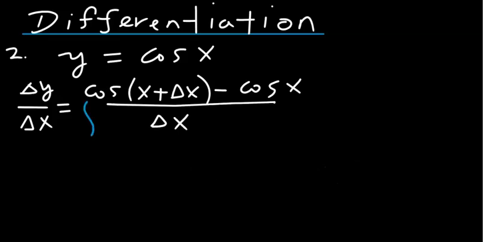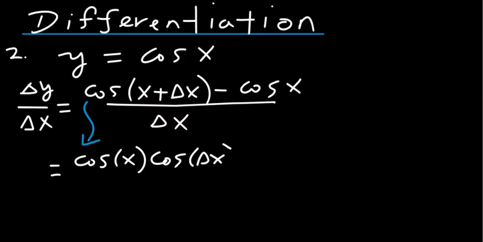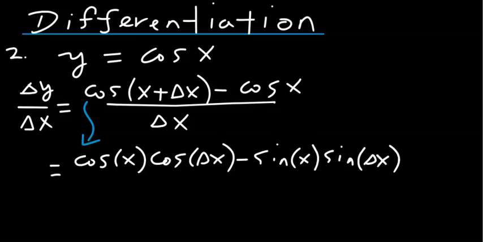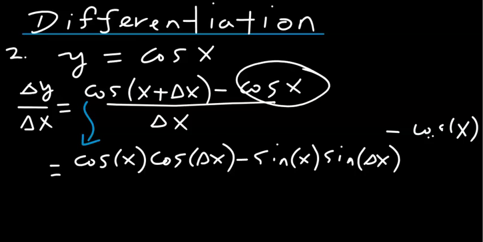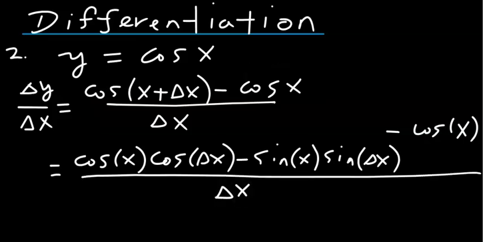Note that this term here can be expanded using a trigonometric identity. It is quite simply cosine of x cosine of delta x minus sine of x sine of delta x. Subtract cosine of x, that is this function right there, over delta x.